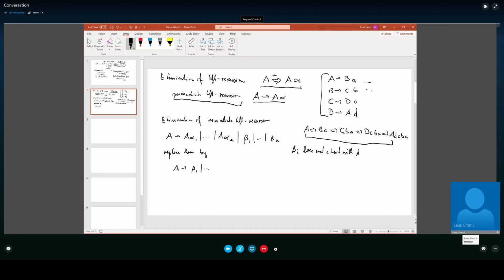And A prime then generates alpha 1 through alpha m, or alpha 1 A prime through alpha m A prime.